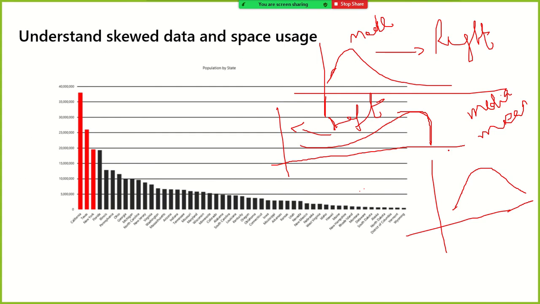So there are two major forms of skewness: skew to the right or skew to the left. This one like this is skewing to your right. If you do it the other way, if you start with this one, then you'll be talking about skewing to the left. Reducing gradually towards the right is skewing to the right, and reducing gradually towards the left is skewing to the left side.